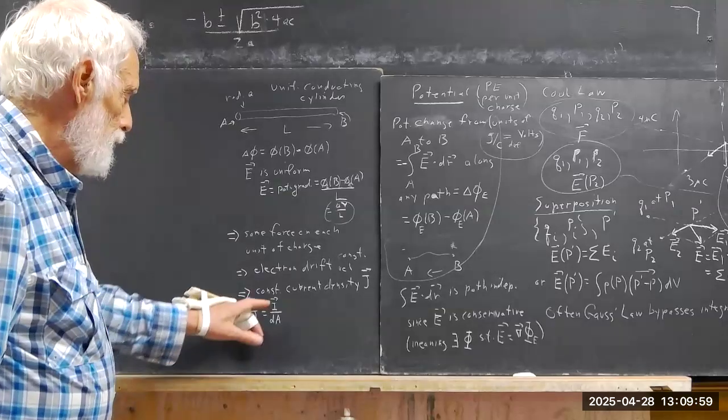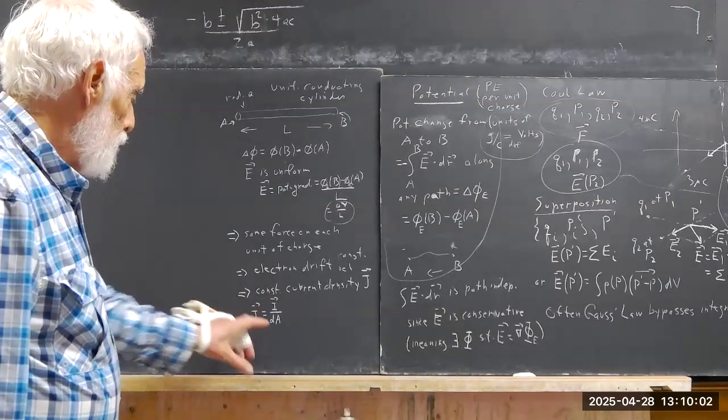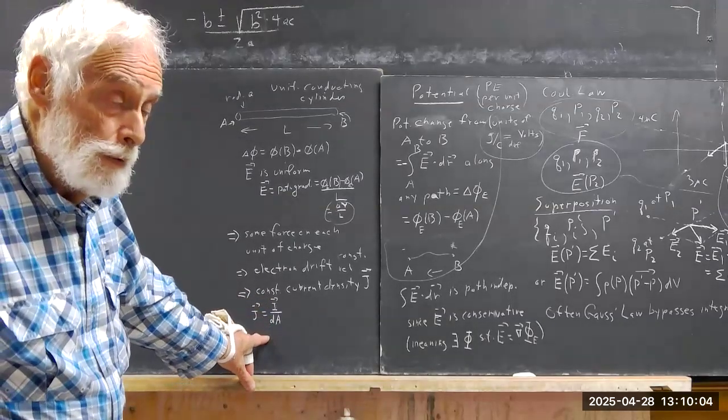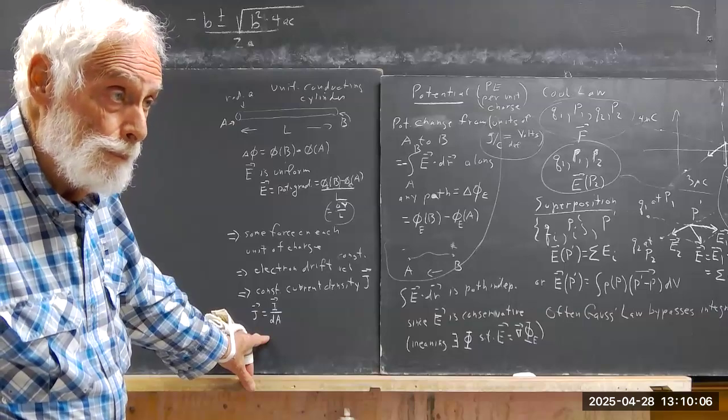I'll say J is I over dA, where dA is a small area increment.